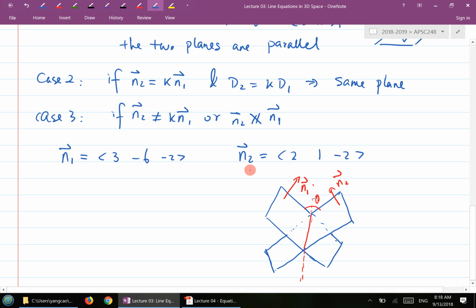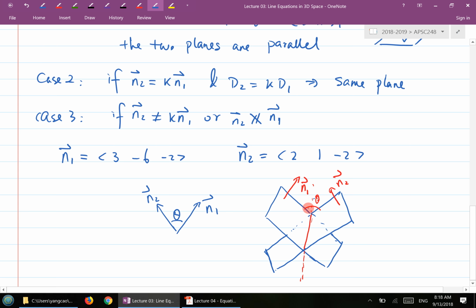So in order to find the angle theta, the alternative is to move n1 and n2 to start at the same point. The angle between these two vectors is the same as the angle between the two planes. That makes things much easier.